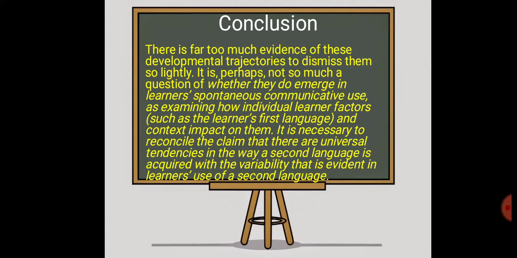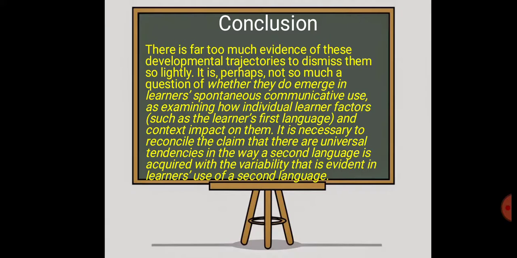Okay, and then the conclusion: there is far too much evidence of these developmental trajectories to dismiss them so lightly. It is perhaps not so much a question of whether they do emerge in learners' spontaneous communicative use, as examining how individual learner factors, such as the learner's first language and context, impact on them.